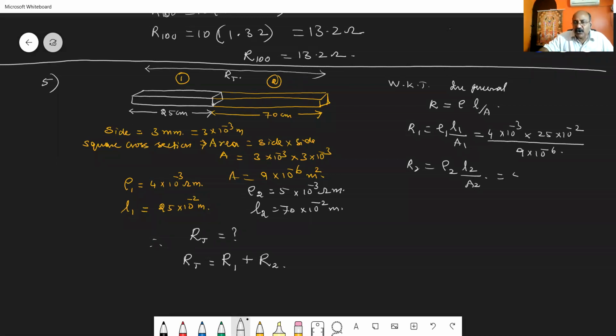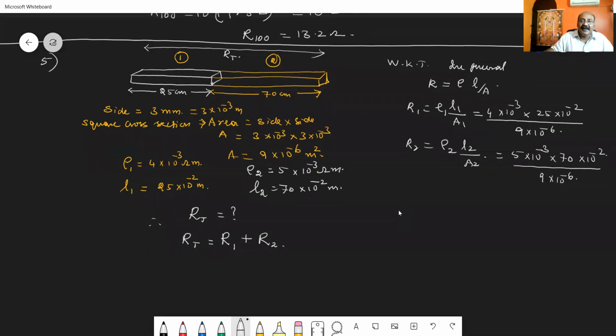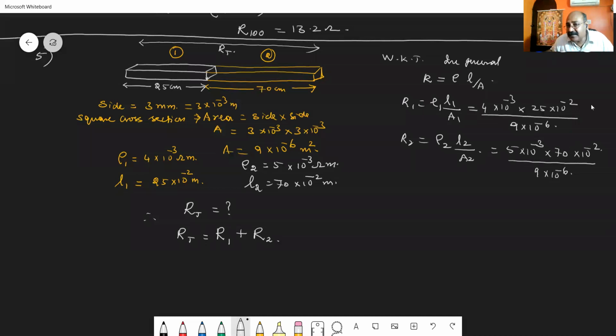That is, rho 2 is 5 into 10 to the power of minus 3 multiplied with 70 into 10 to the power of minus 2 whole divided by 9 into 10 to the power of minus 6. Take these two values and substitute it here. If you make a mistake in this calculation, then the whole thing will go wrong. So substitute and do the simplification.